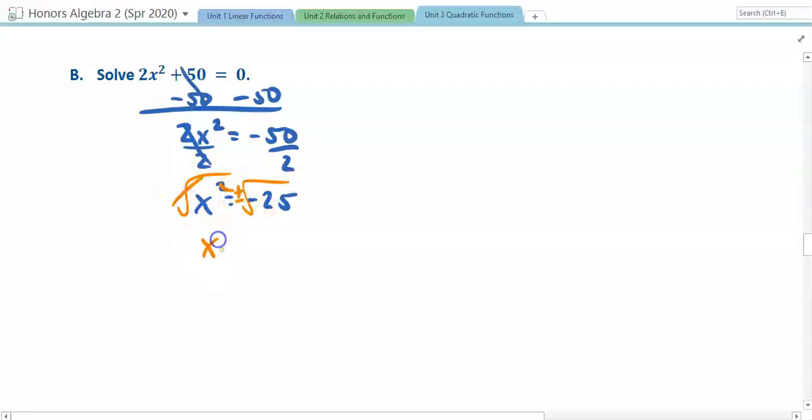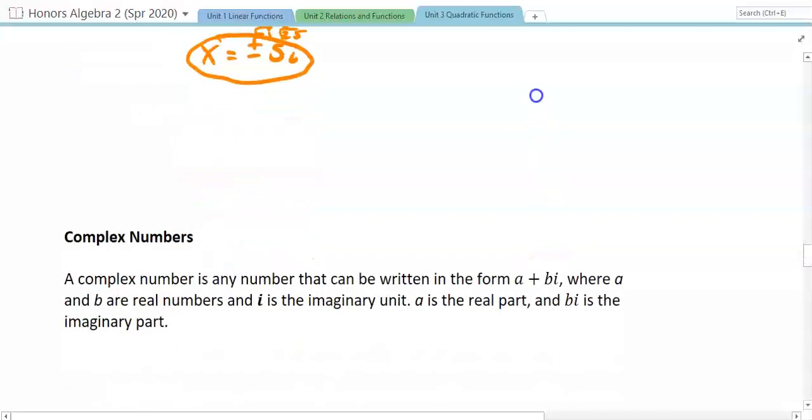That cancels, so x is equal to positive or negative 5i, because 25 breaks up to negative 1 and 25, right? And square root of 25 is 5, square root of negative 1 is i. So our final answer is positive or negative 5i. Again, we get 2 solutions here, okay?